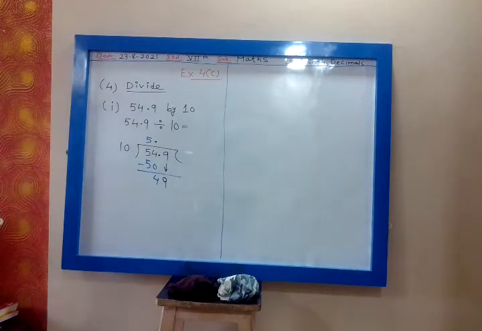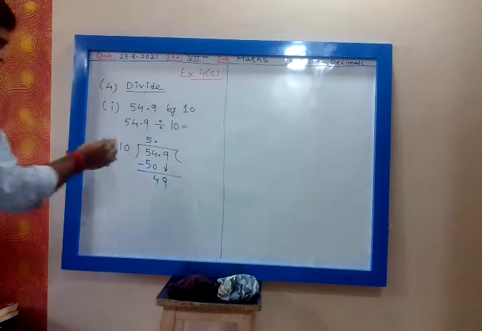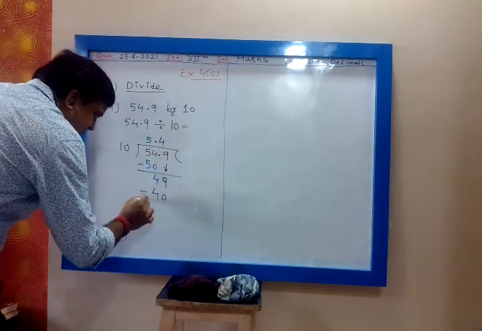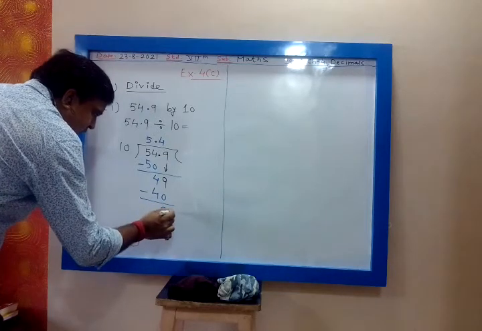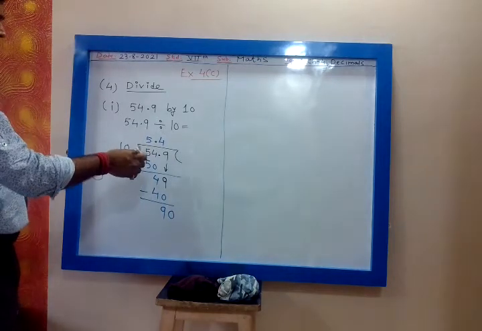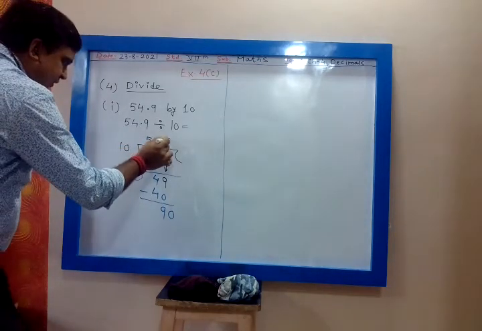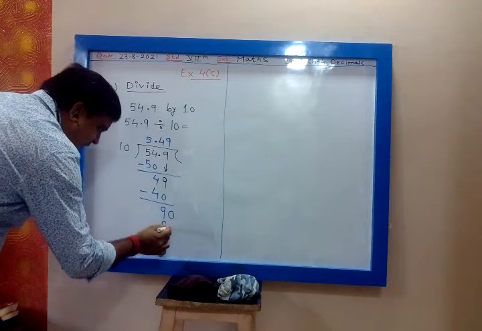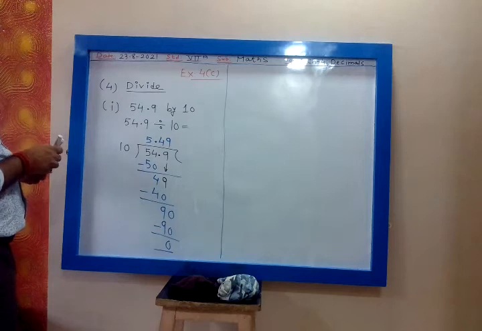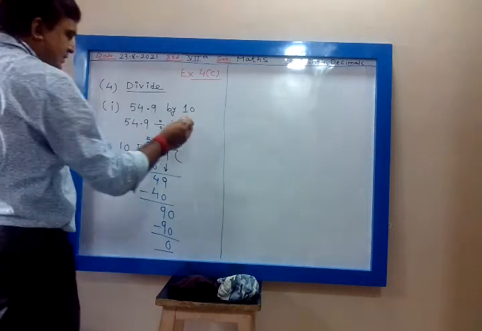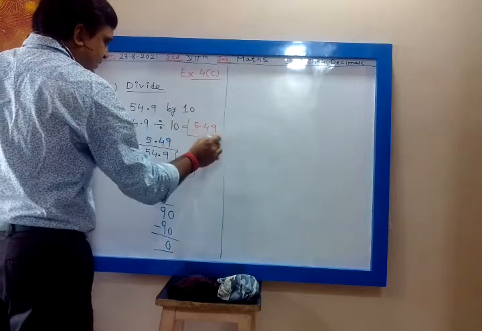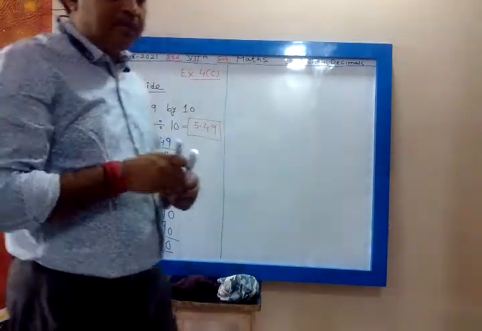Now 10 fours are 40, yes, 9 minus 0 is 9, one more 0 I will add, okay, 10 nines are 90, then remainder is 0, so the answer is 5.49.